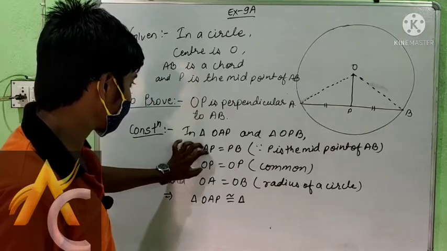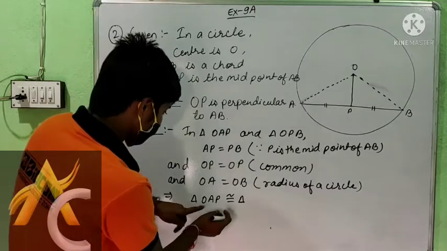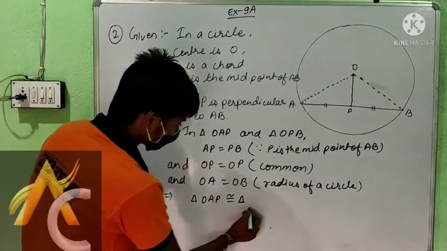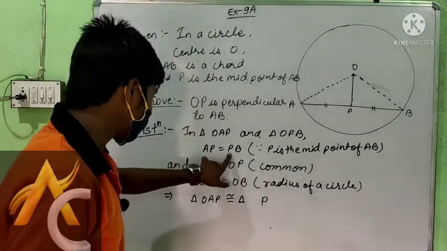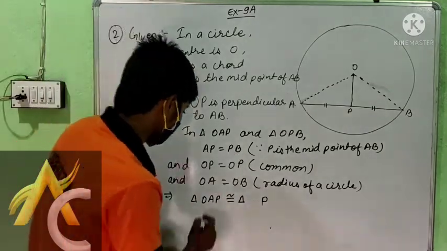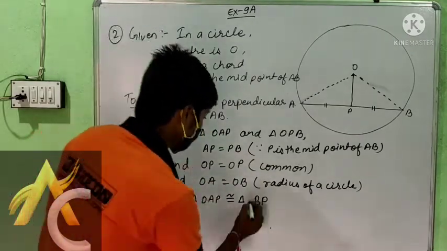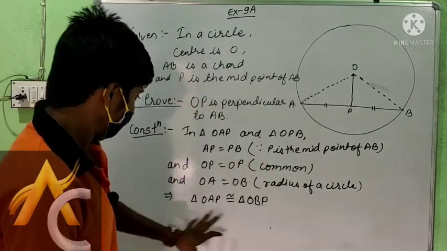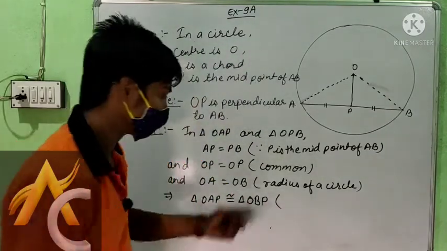In these two sides P is common, and in these two sides P is also common. So P will come in place of P. That means P is in the last position, so we will write P at the end. Now since P came in place of P, what will come in place of A? B. So B comes in place of A and O comes in place of O. Now we are going to write here the reason why these are congruent, by SSS.